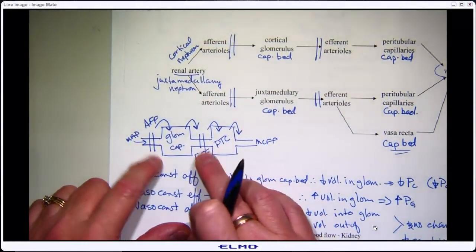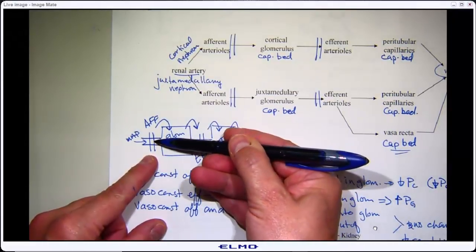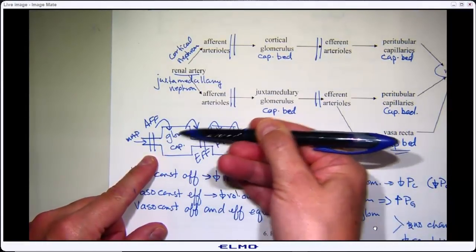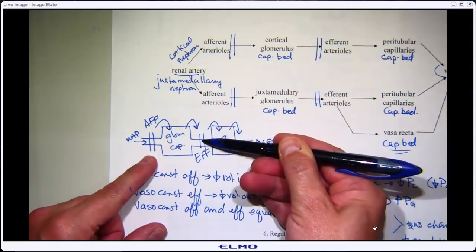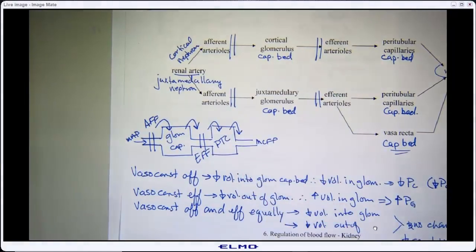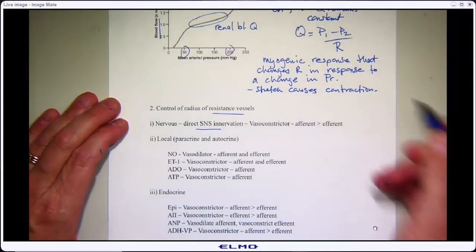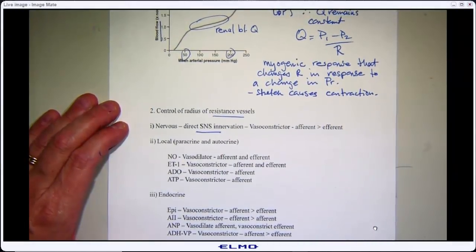And that gets really critical now. We're starting to play a game, right? The sympathetic nervous system is going to constrict upstream of this glomerular capillary bed greater than downstream of this glomerular capillary bed. So this maneuver is going to change pressure in that capillary, and therefore we are going to change filtration. Anytime that we change them separately or differently, we are going to get a change in pressure in the glomerulus.